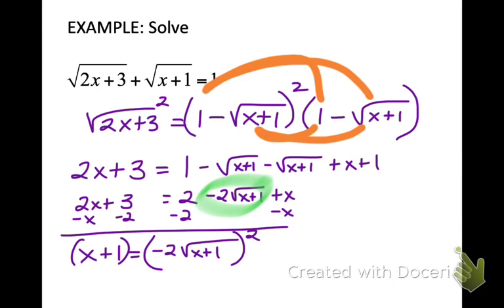So is it easier to square x plus 1 and just square a negative 2? Or is it easier to square a half of an x and a half? Do you know what I mean?